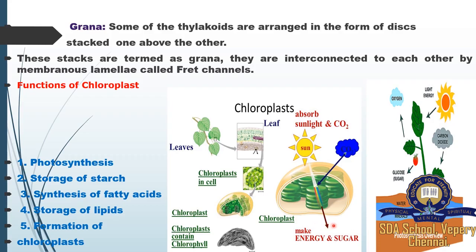Chloroplast is nothing but a green color pigment, in the type of chlorophyll. It contains green color. For the formation of this also, the reaction takes place in the chloroplast itself.